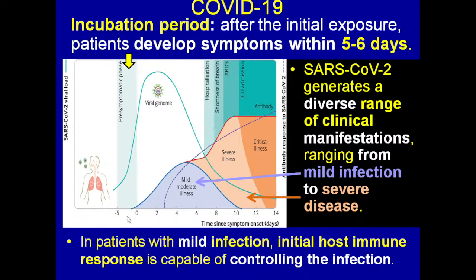So the problem of this disease is that the infection with SARS virus gives a diverse range of clinical manifestations. And you can see the range of this clinical manifestation from very mild infection to moderate cases. And then later on within the disease, please pay attention, not from the very beginning, the severity will increase with time, and there can be severe illness or critical illness.